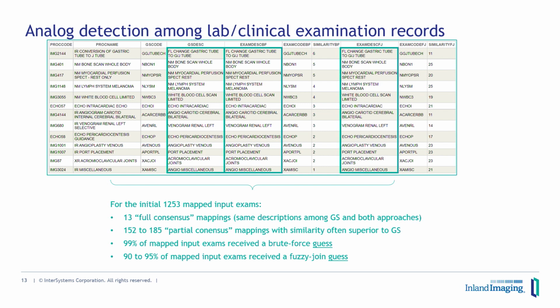That means all three, the gold standard here, brute force and fuzzy join, presented the same term, the same description. From 1952 to 185, we had partial consensus mappings. That means the algorithms were in agreement among them, and in slight disagreement with the gold standard. And again, the coverage with guesswork by the algorithm was 99% for the brute force and from 90 to 95% in case of the fuzzy join.